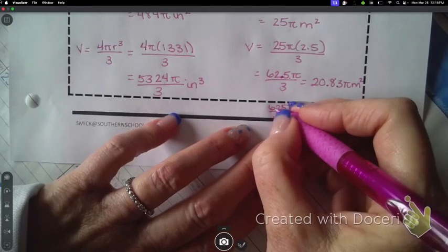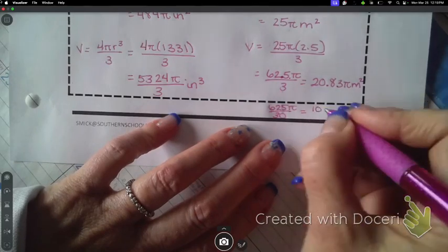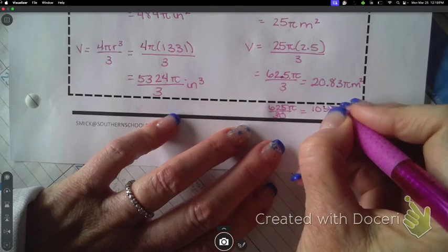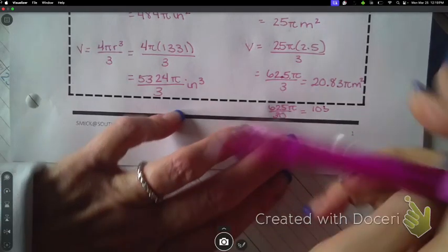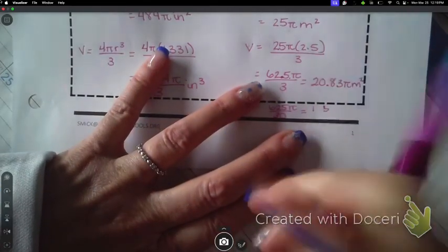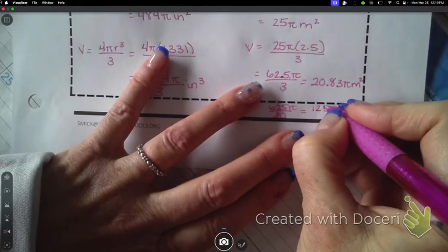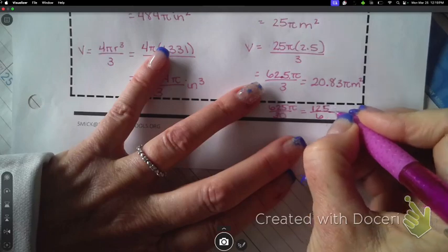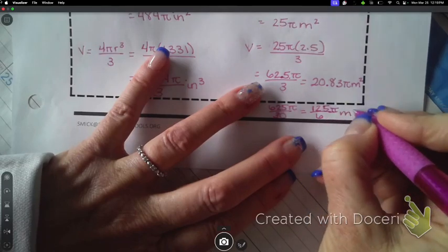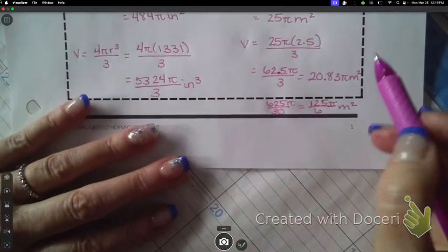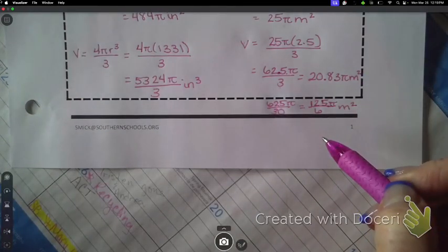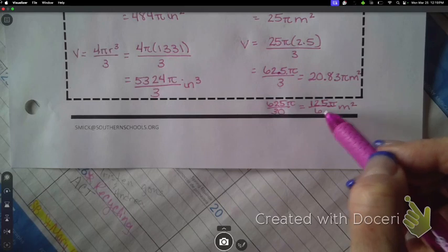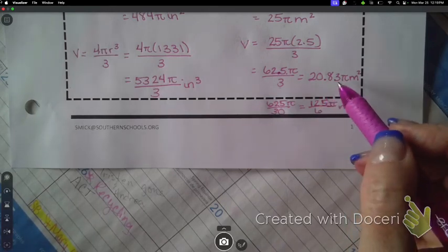So that would be 1025 over 6 pi meters squared. So either one of those you could do. I personally like leaving it like this. I don't like the decimal. Because the decimal rounded, didn't it?